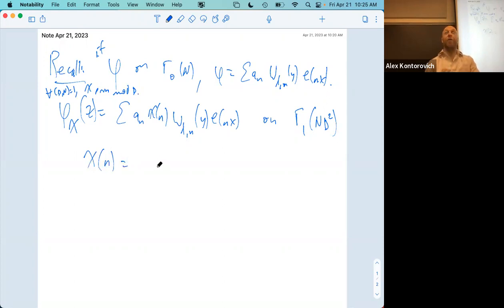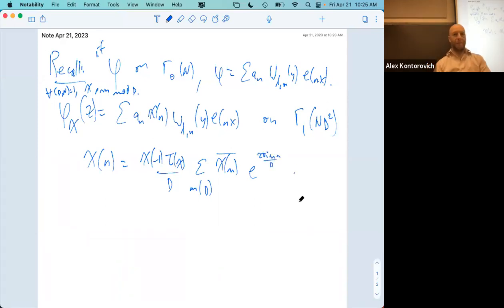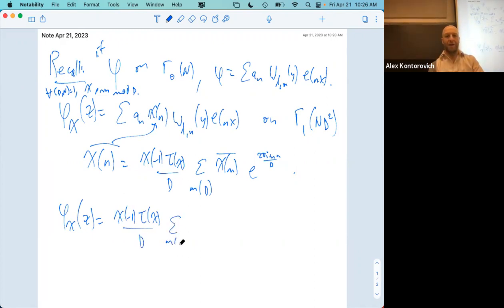Now, the result of Fourier inversion is a formula like this. If you take chi m bar, e to the 2 pi i m n over d. And when we stuck that in, we got that phi chi of z is chi of -1, tau of chi over d, this finite sum, m mod d.